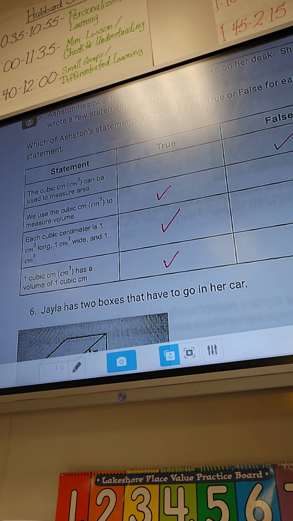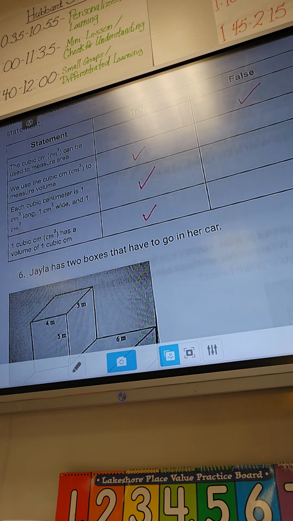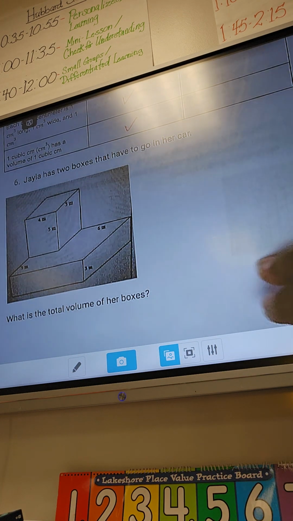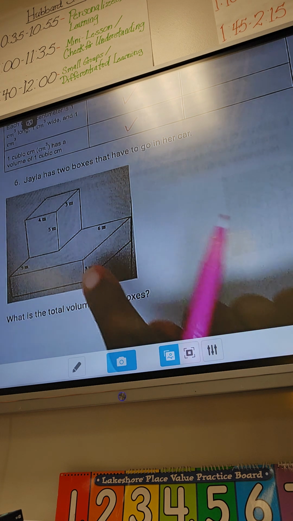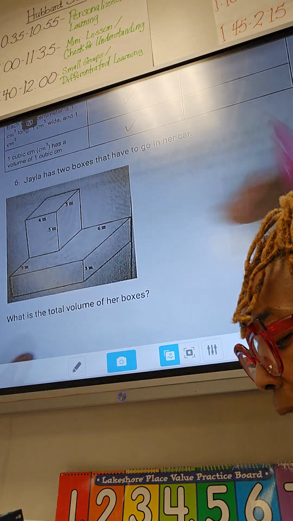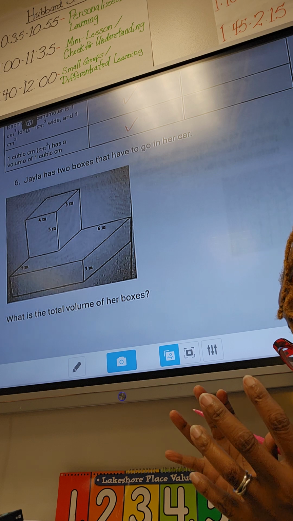All right, number 6. Jayla has 2 boxes that have to go to her car. What is the total volume of her boxes? Let's take a look. We have this figure, and I can see that there are 2 boxes that are put together.